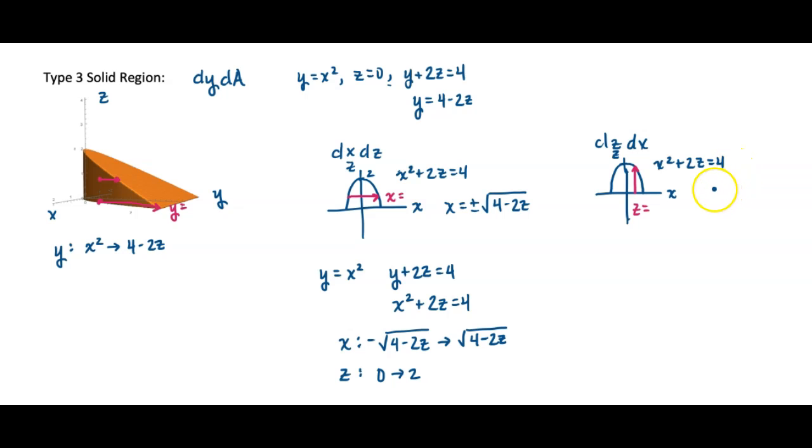Well, by subtracting x squared from both sides and dividing by 2, I get that z is equal to 2 minus 1/2 x squared. And so anywhere along this region, z is going from 0 to 2 minus 1/2 x squared.